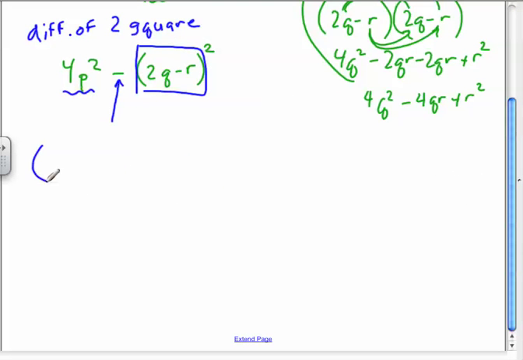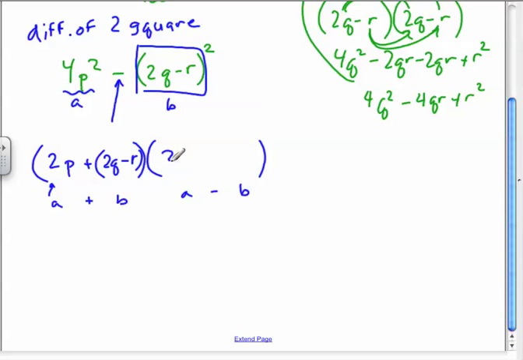So I know that it's going to be a plus b times a minus b. But what's a in this one? A is 2p plus 2q minus r, the stuff inside those parentheses, and b is 2p minus 2q minus r.